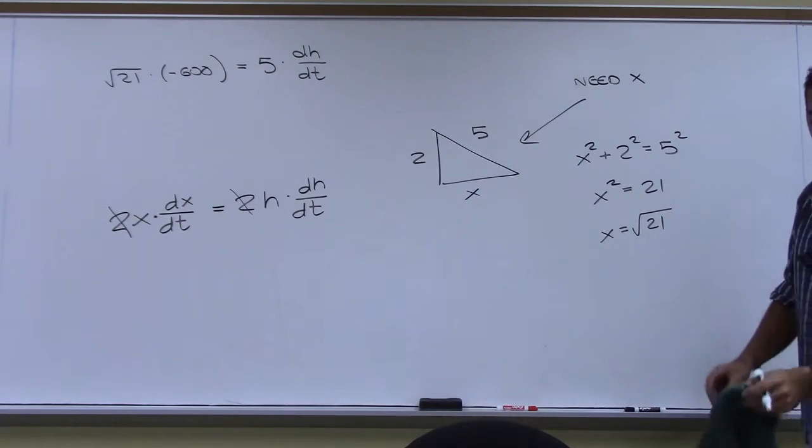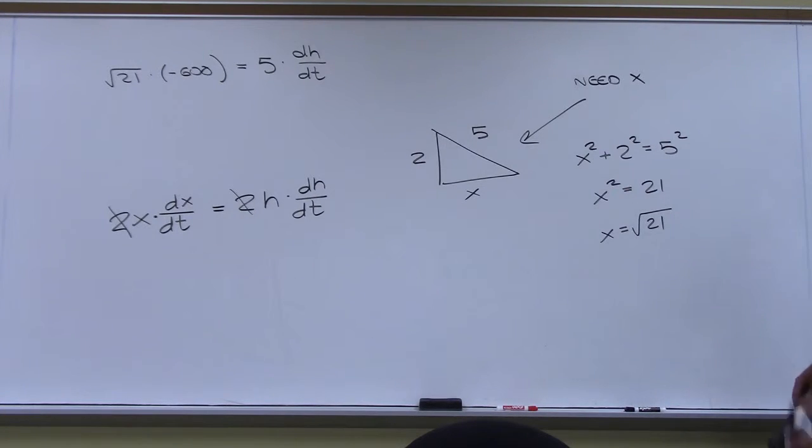Let's break out a calculator for this one. You can simplify the left side. Yeah. Divide that by 5. Let me see here. Come on. What am I doing? Pressing the wrong button.